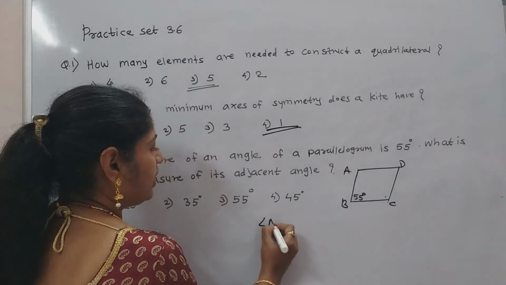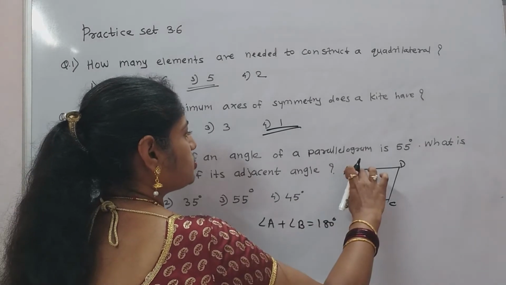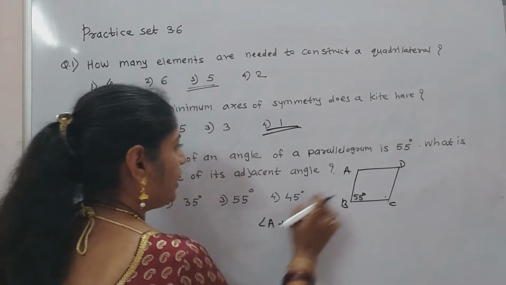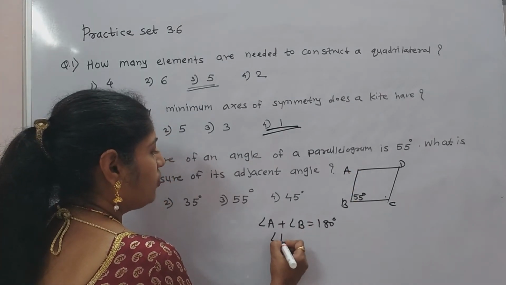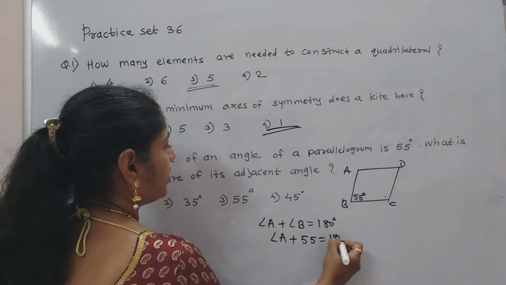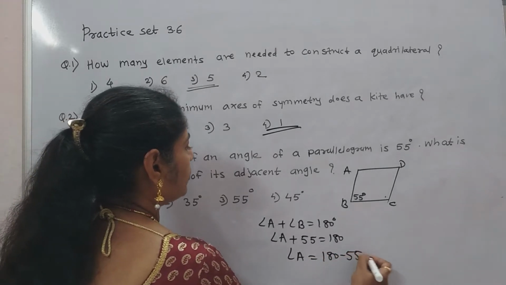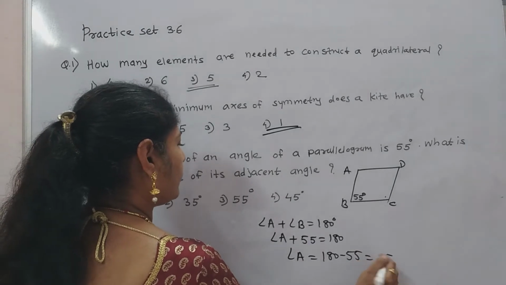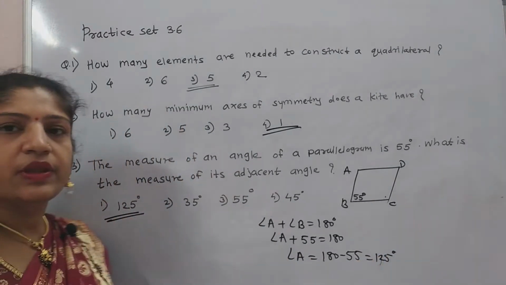So angle A plus angle B equals 180. A and B are the adjacent angles. We have to find angle B. 55 plus angle B equals 180, so angle B equals 180 minus 55, which is 125. So our answer is option number 1.